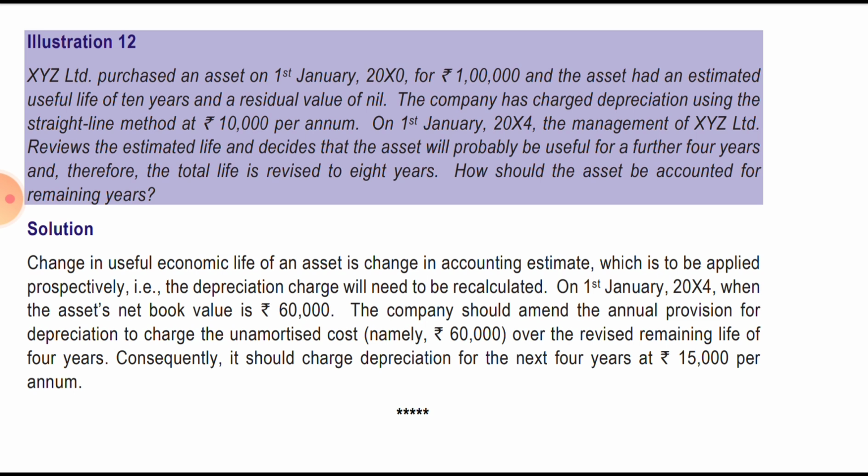The company should amend the annual provision for depreciation to charge the unamortized cost, namely 60,000, over the revised remaining useful life of 4 years. Consequently, it should charge the depreciation for the next 4 years at 15,000 rupees per annum.